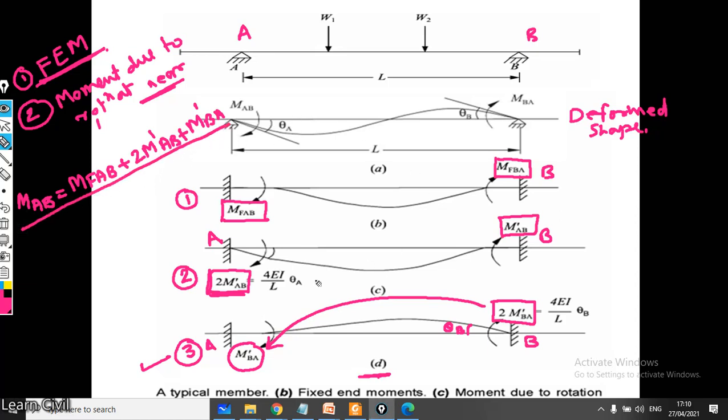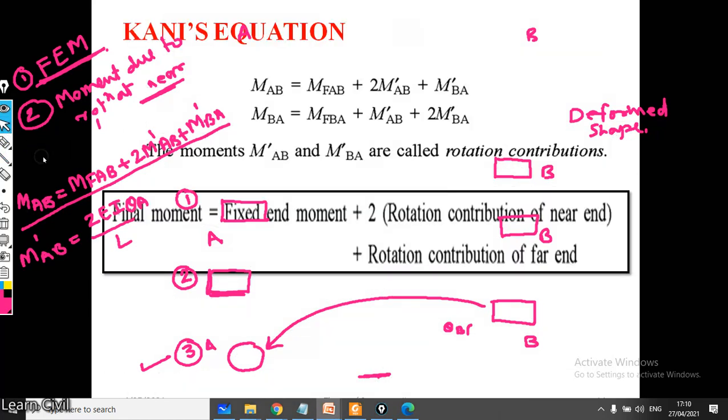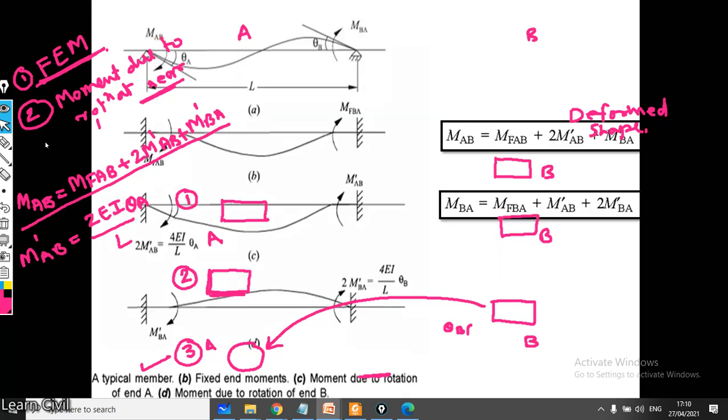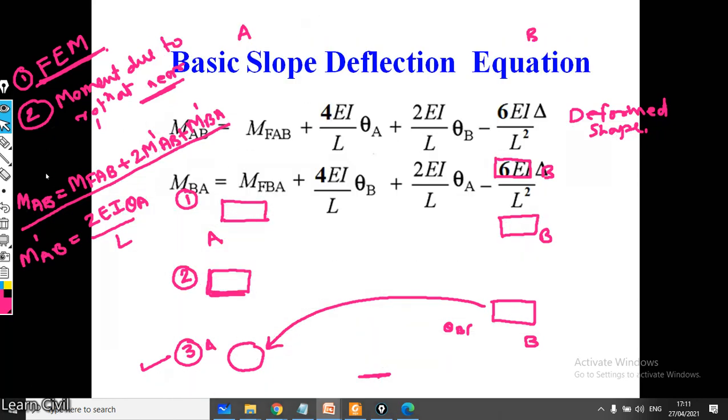Here the term M'AB is equal to 2EI theta A divided by L, which is the equation we have used in the slope deflection equation. You can see in the slope deflection equation we have used this particular term, and we can write it like this also.